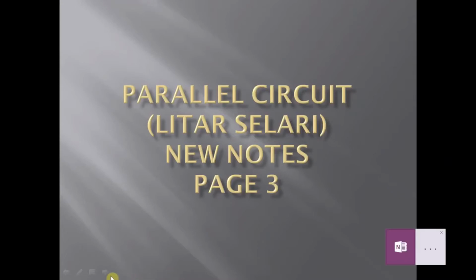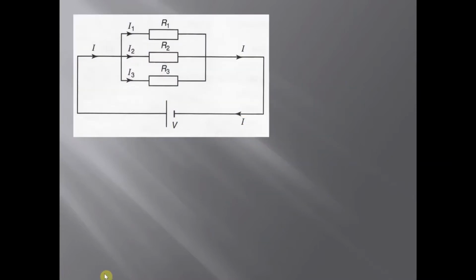So what is the difference between series and parallel now? As you can see from the diagram, a parallel circuit basically is a circuit using more than one wire. What I mean by that, you can see from the diagram itself. If you are comparing with the series circuit, you can see there's a battery.